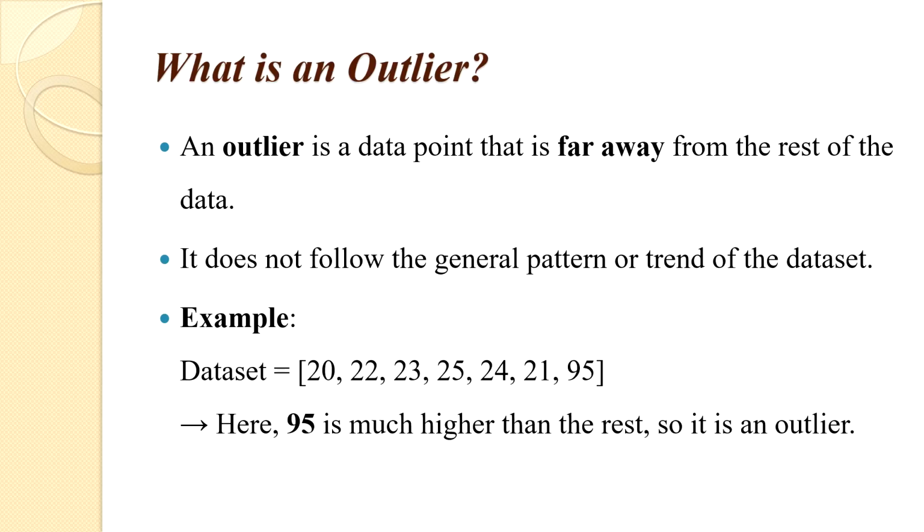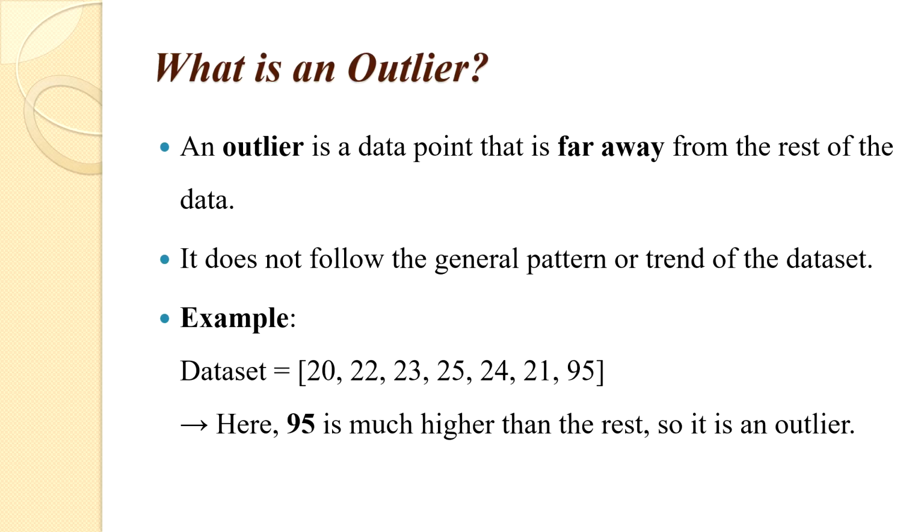Now we will discuss what an outlier is. An outlier is a data point that is far away from the rest of the data. That is, the outlier value is a value that should not be included in the dataset we need, because it does not follow any general pattern or trend of the dataset.